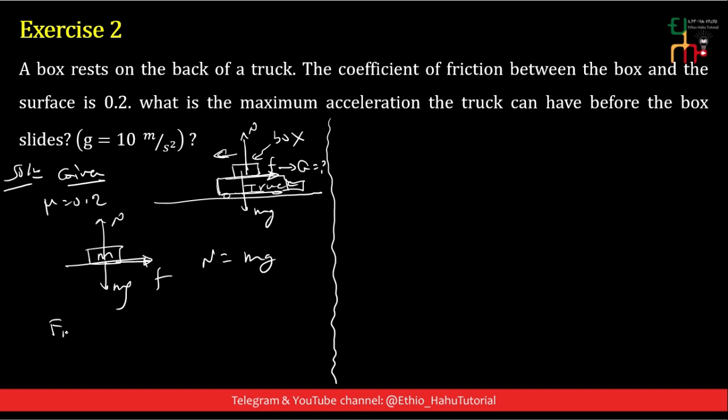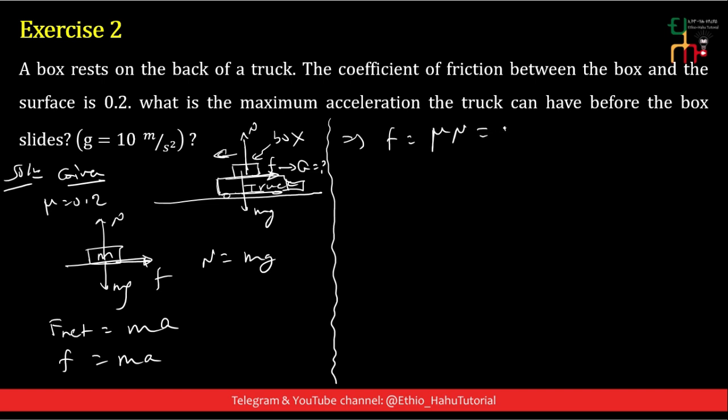Therefore, the net force acting on the box is equal to mass times acceleration. But the net force acting on the box is frictional force. This is equal to mass times acceleration. This implies frictional force is by definition coefficient of friction times normal force.